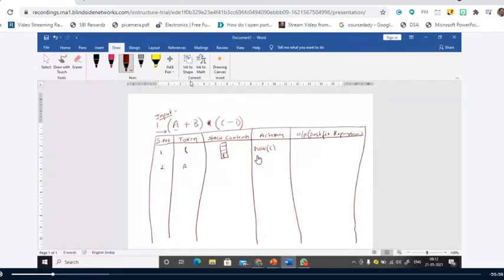Operand. So there are no changes in the stack contents. When you come across an operand, what is the action you have to do? Print the operand as output. So A, I have kept it.